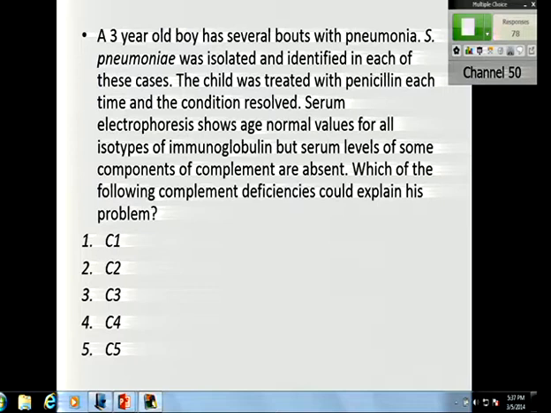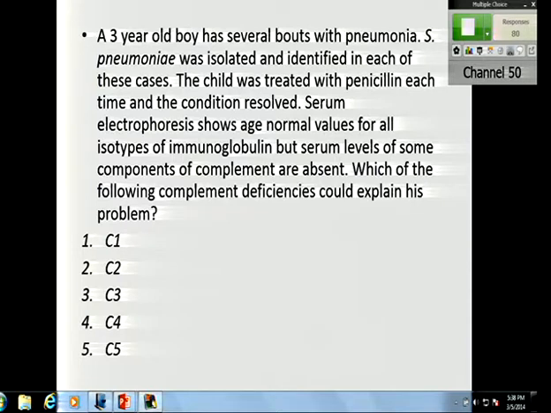Mannose binding lectin, 4, 2 and 3. So now if C3 is absent, everything comes to a standstill. The classical will start, at 3 stop. Alternate will not start at all. And mannose binding lectin, when it comes to the level of 3, yes.